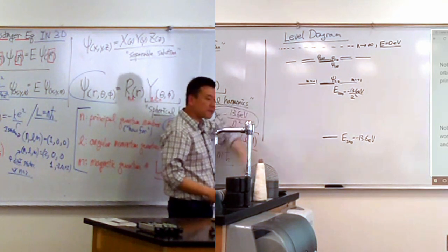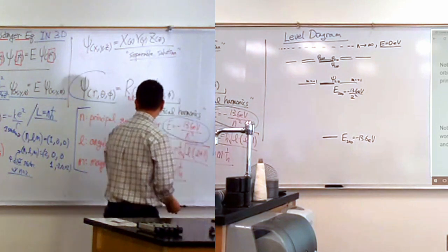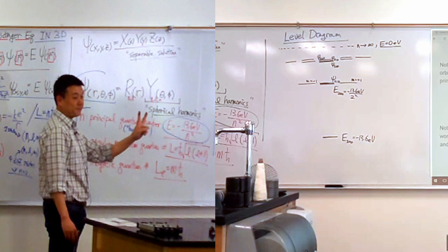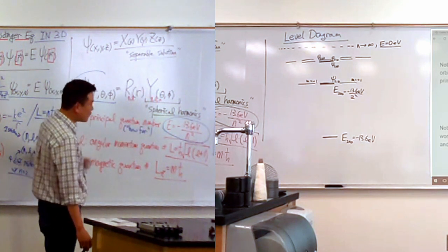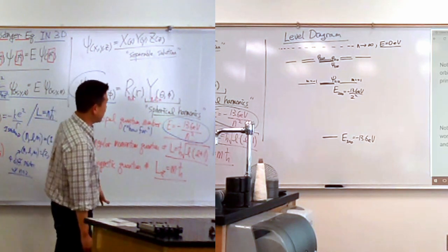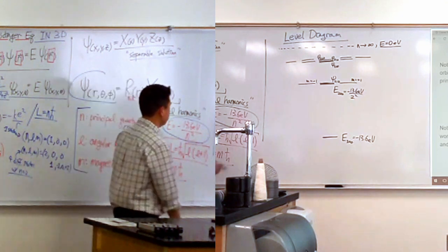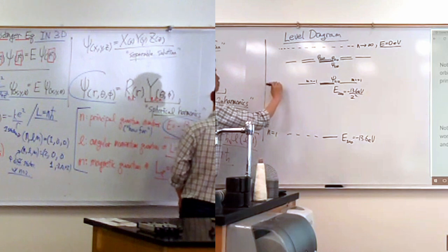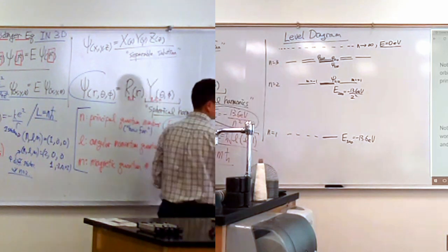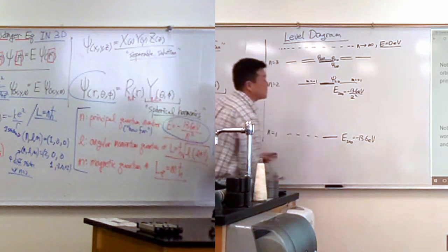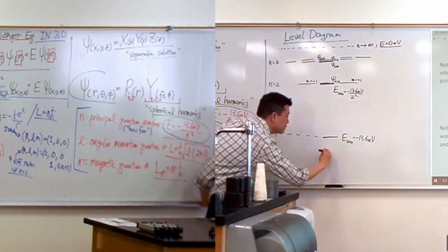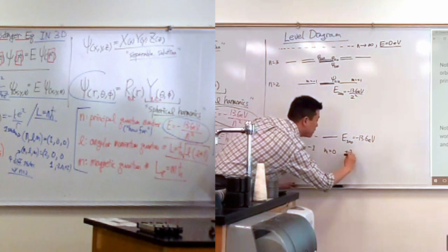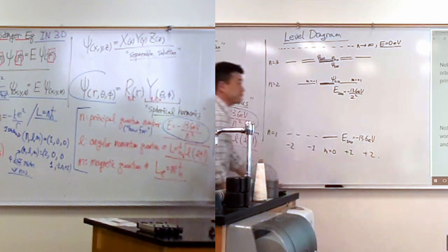It comes down to you have 3 parameters, and if you're doing this on paper, you only have 2 dimensions. So you have to pick the 2 that you're going to illustrate. I've chosen to pick n and m. So this axis represents n equals 1, n equals 2, n equals 3. And this axis represents m equals 0, minus 1, minus 2, plus 1, plus 2.